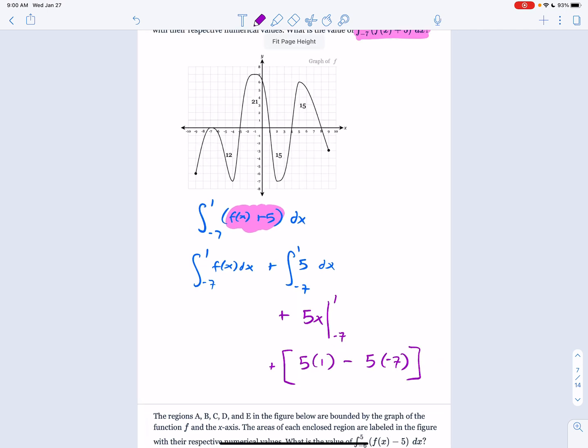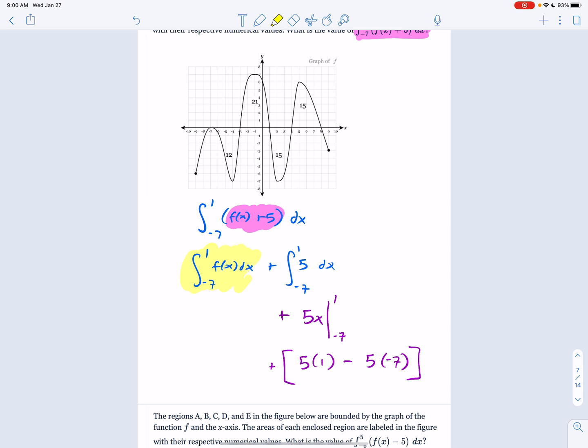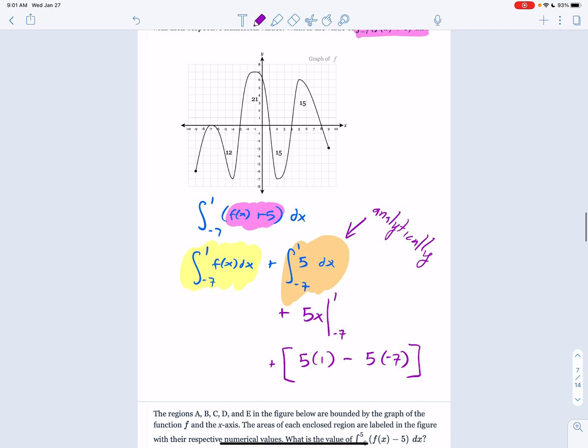Now this part right here is what we've been working on in the last few examples. So over here in orange, all of this had to be done analytically, aka algebraically. Whereas this, since we don't know what the function is explicitly, we have to solve this graphically.